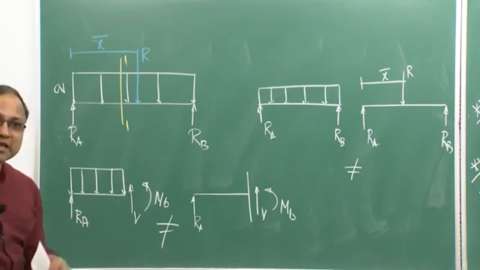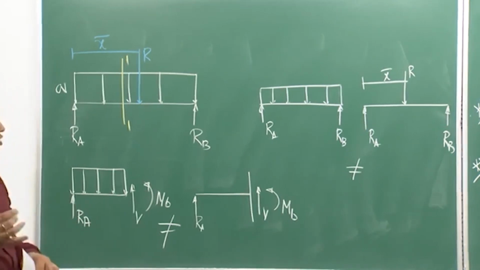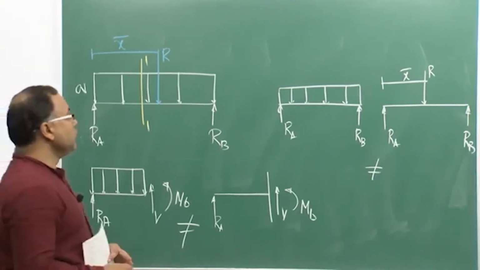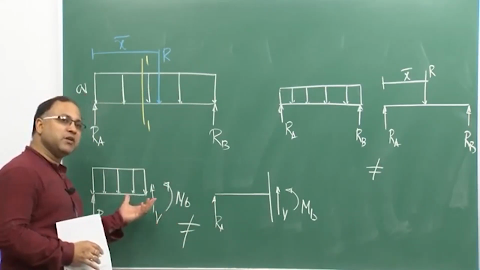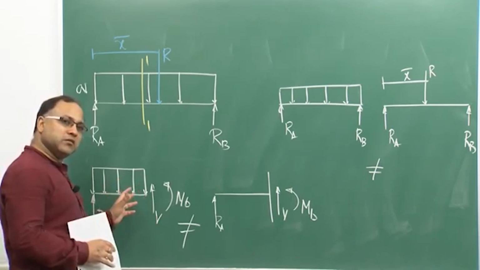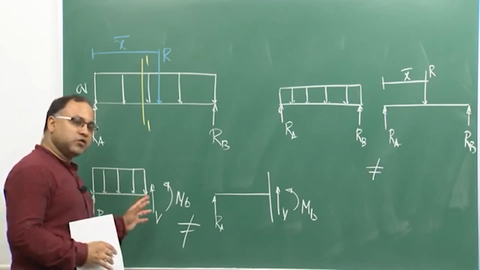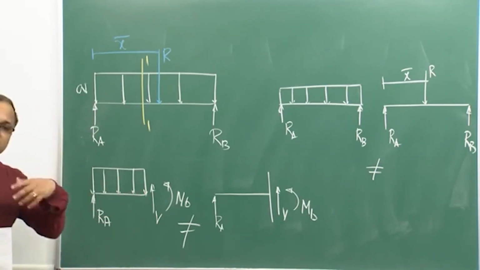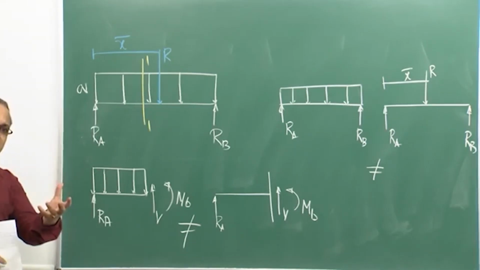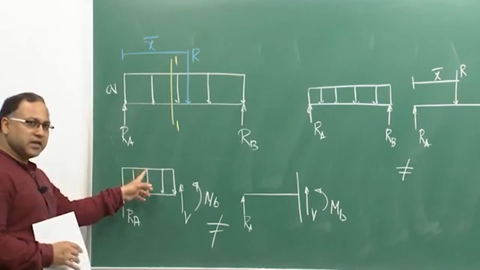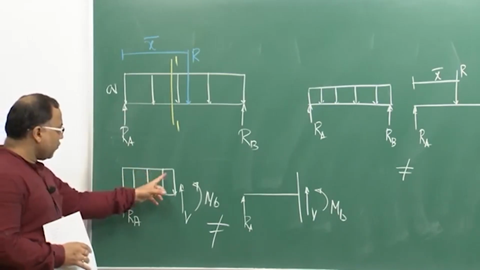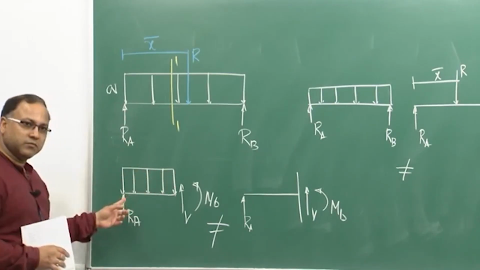So, therefore, this concept of resultant and the line of action of the resultant force will not work when you are going to find out the bending moment and shear force in a particular section. Okay. So, there you can again consider the resultant and its line of action for only that much of loading.